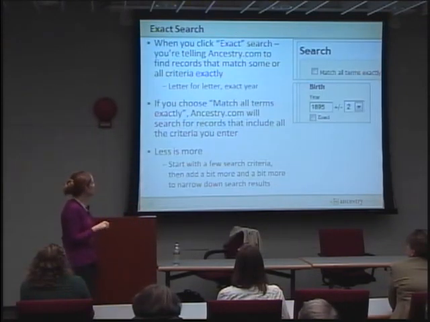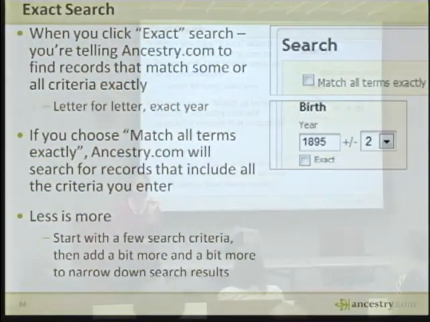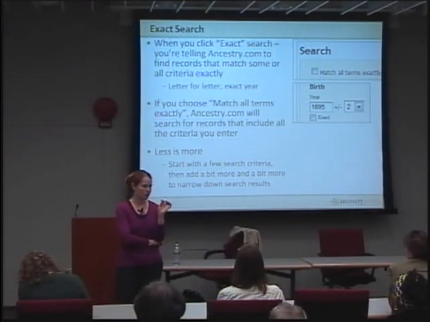I want to talk a little bit about exact search here. In the search boxes, you're going to see these little boxes that either say match to all terms exactly, or under year ranges or things like that, you're going to see exact. When you click that button, you're telling the search engine that you want it to find exactly this piece of information, number for number, letter by letter.